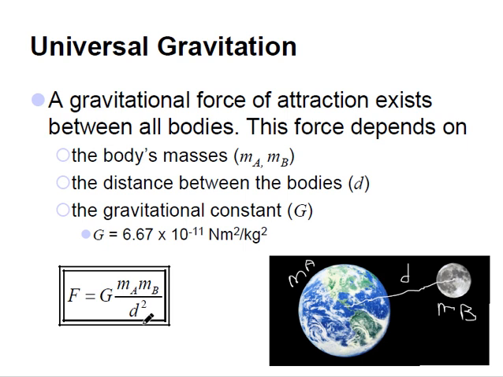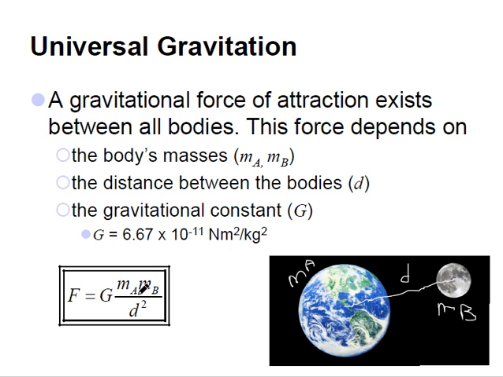And then of course you have your G, that's your gravitational constant, which is always 6.67 times 10 to the power negative 11 newton meter squared per kilogram squared. We use it to balance the gravitational force, because without it this is not very accurate, so we put in an adjusting constant to make this side equal to that side.